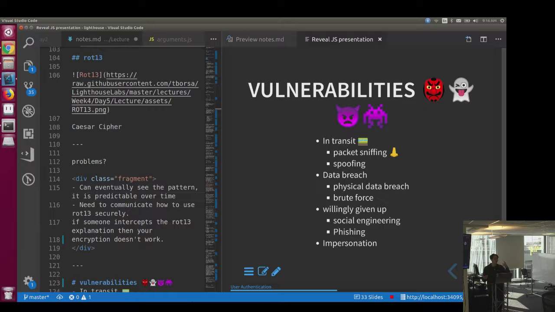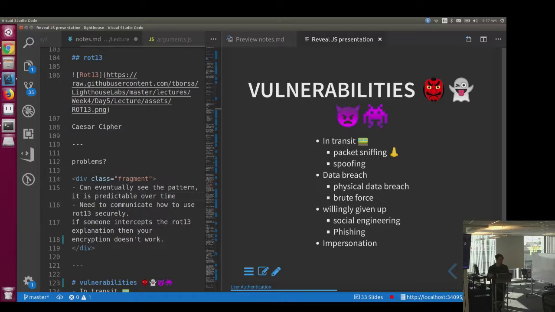There's also a bunch of vulnerabilities when we're thinking about security with our web applications, whether it be authentication or otherwise. So this is some of the areas. You can have vulnerabilities in transit. In transit being, we now know that our web applications have a client and server and multiple people connecting and communicating over a network. During those communications, we can have vulnerabilities. We can have packet sniffing.